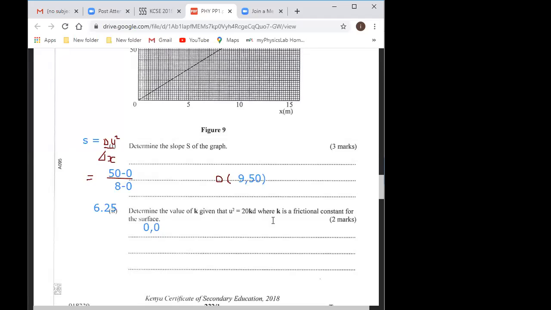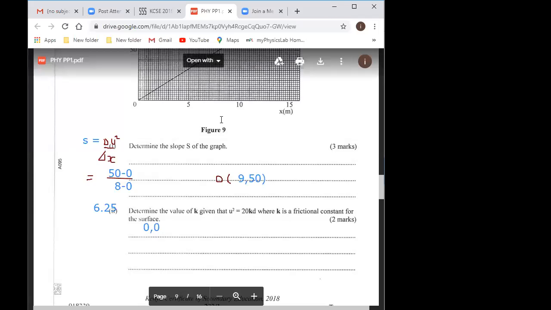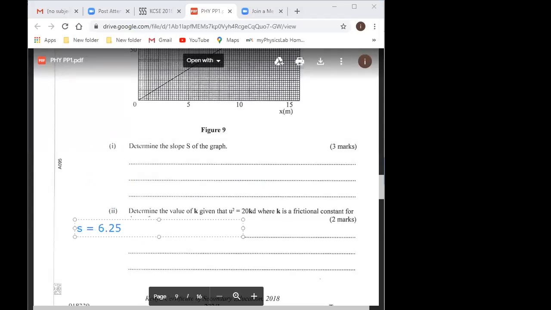So we have to determine the value of k. So just 1 minute, I want to erase the unwanted bits. So far, at least we know that the slope s, we got 6.25. We are going to use that knowledge so that you can be able to manipulate to get this value.